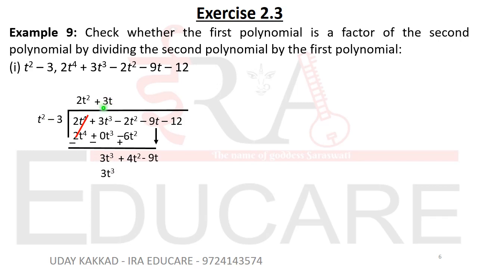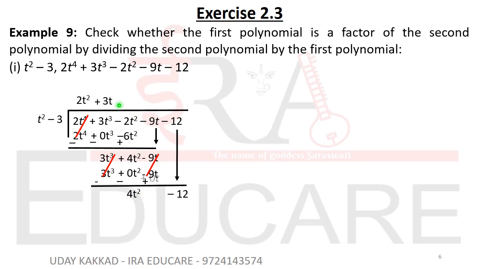Now this 3 is multiplied with the 3, so plus minus minus, minus 9t. You can put the 0 here for reference, and change the sign. 3t cube gets cancelled, 9t gets cancelled, so you get 4t square. Again minus 12 will be brought down, here 4t square minus 12.